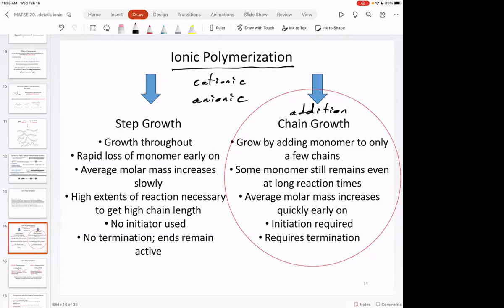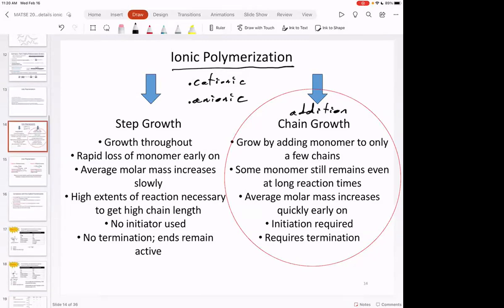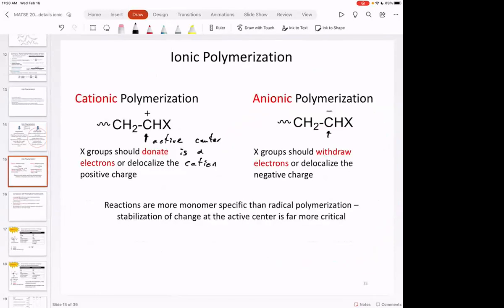And so if we're talking ionic polymerization, you've got two types of ionic polymerization, cationic and anionic, and it's named just like free radical polymerization, right? We were moving radicals beforehand. That was the active center.